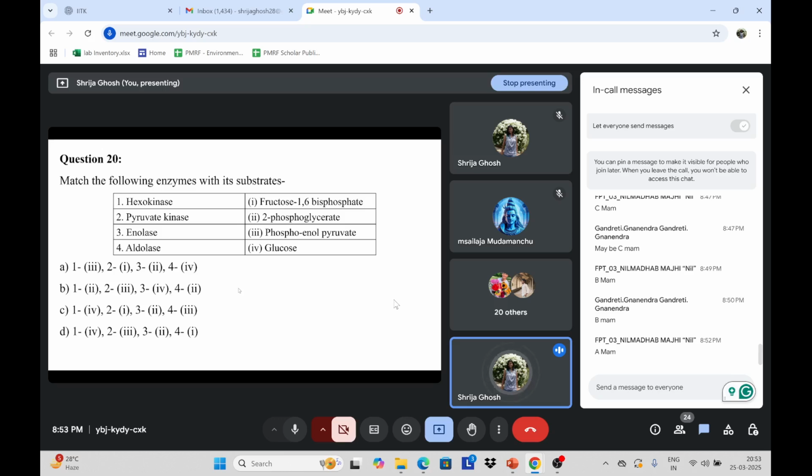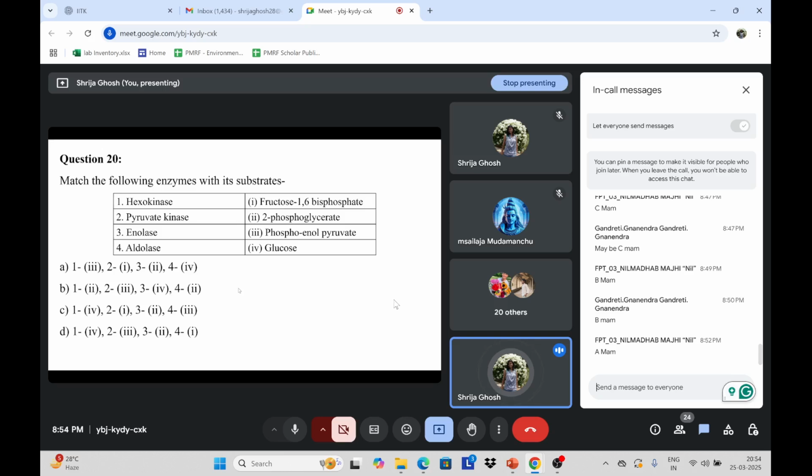What is the first molecule from which glycolysis pathway starts? What would be the substrate of hexokinase? Just think of that. Anybody? Can anybody tell me what would be the substrate for hexokinase?